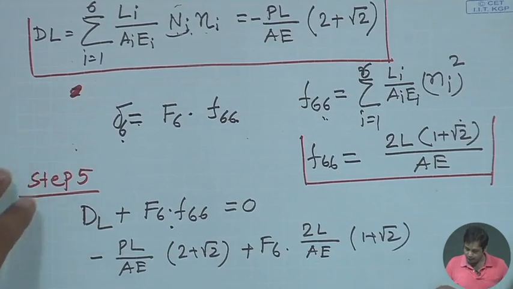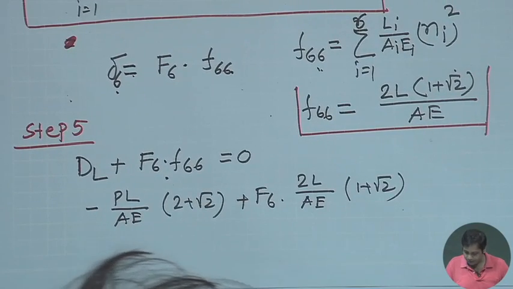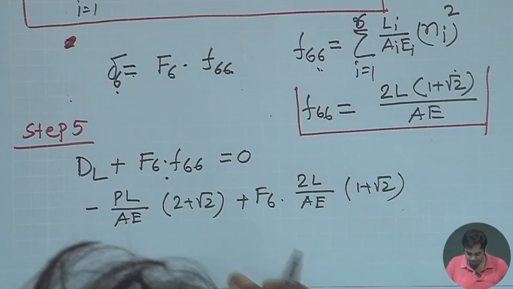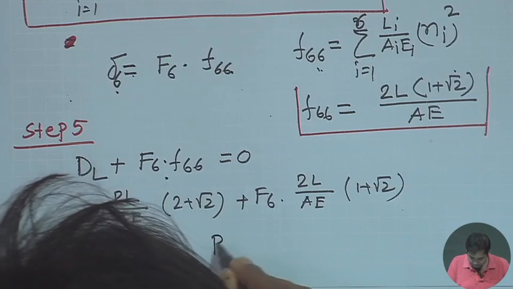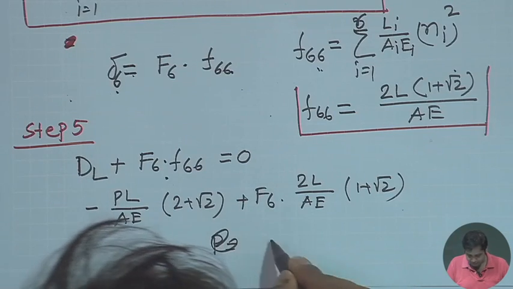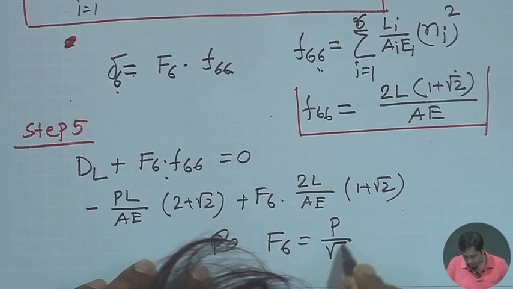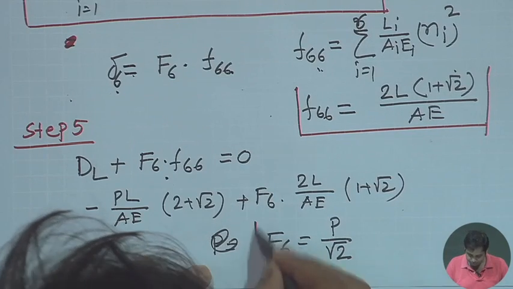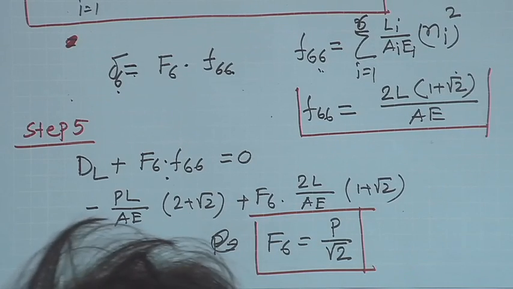If we solve it, we get F6 is equal to P by root 2.